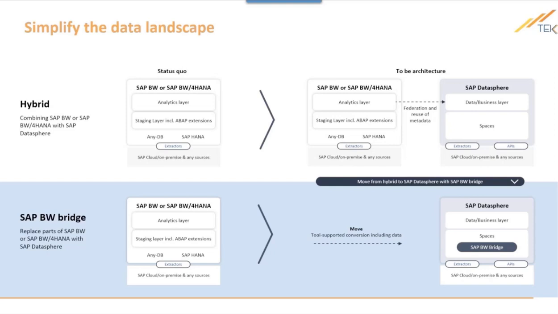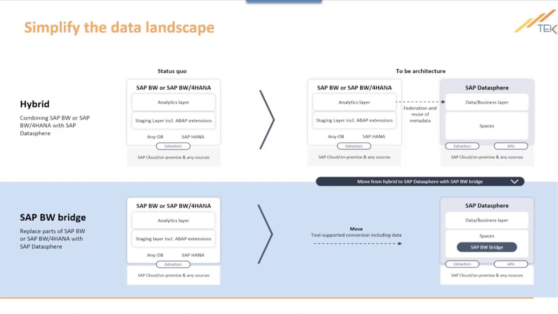To put it in a very simple way, BW Bridge is nothing but a BW4 HANA system offered within the DataSphere tenant. So we can migrate our on-prem BW4 or BW systems into BW Bridge.